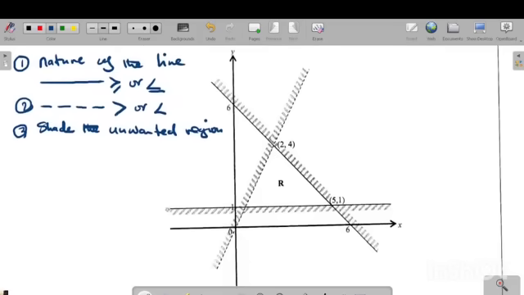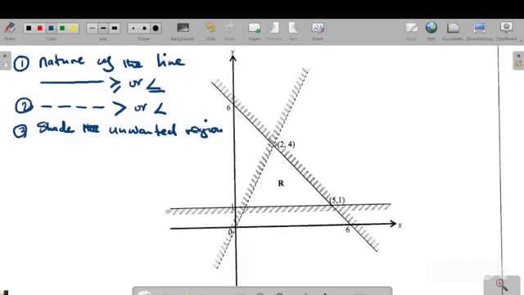First of all, you need to look at the lines that have the easiest equations. The lines with the easiest equations are those lines that cross either the x-axis or the y-axis only, not those that are crossing both the y-axis and the x-axis, for example, this one or that one.